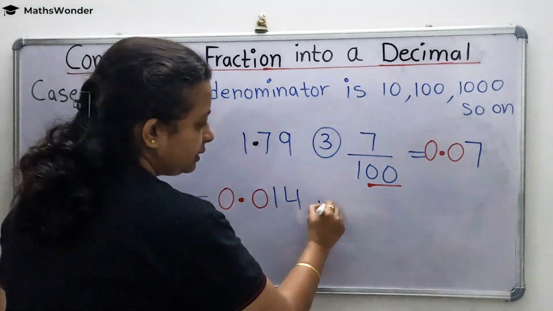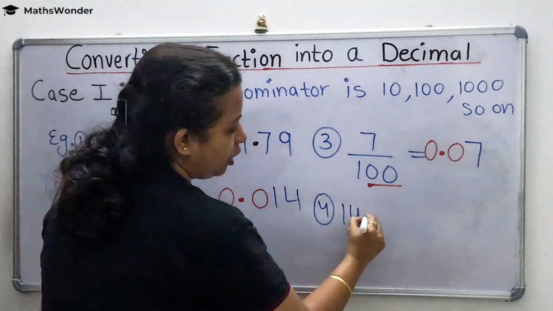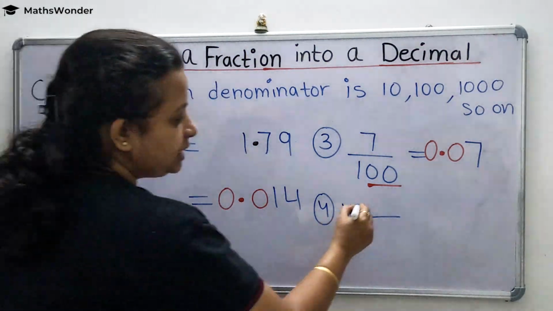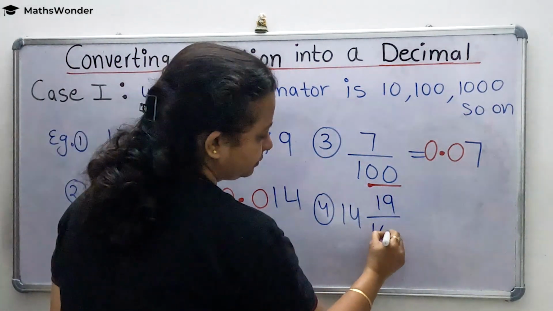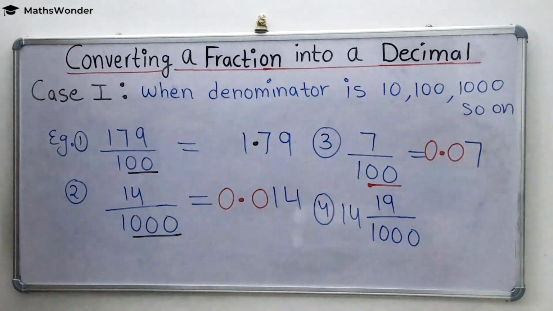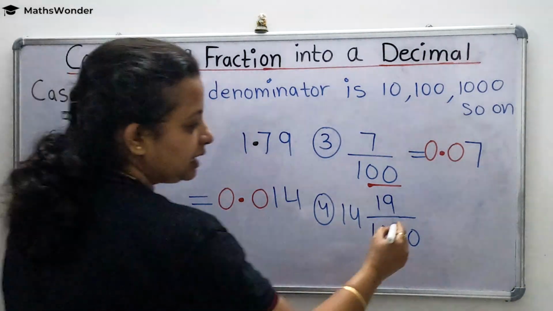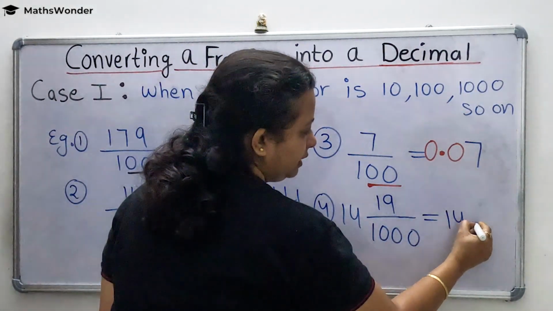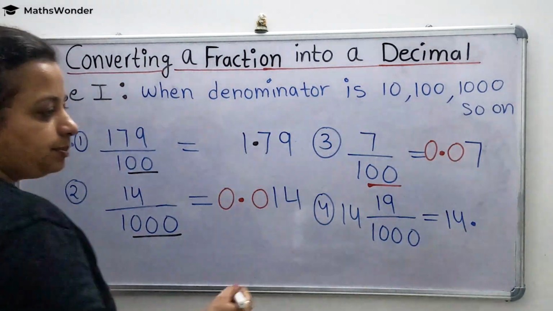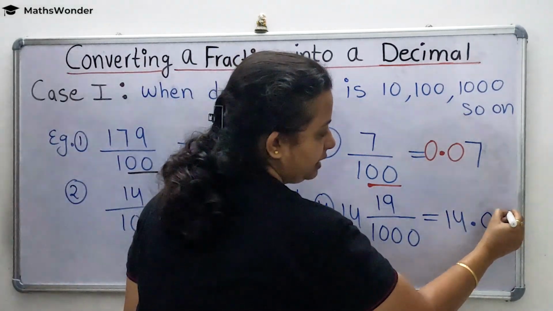Now suppose a mixed fraction is given. 14 and 19 over 1000. Then how will you convert this? You can convert it to 14 point, because in the denominator we have 3 zeros, so you will give 0, 1, 9.